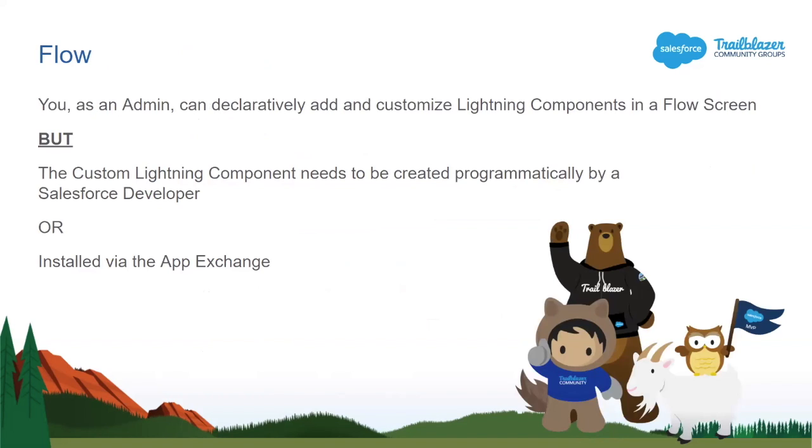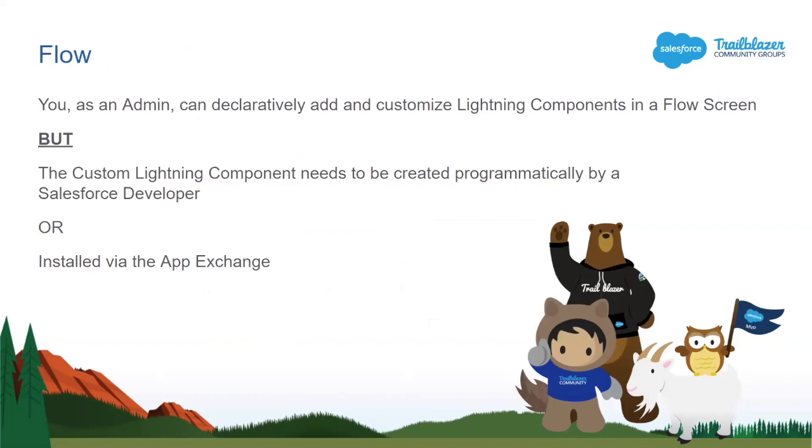You can add Lightning components declaratively in Flow, but the custom Lightning component would need to be created programmatically by a developer, or you can install Lightning components for Flow via the App Exchange, which is really cool.